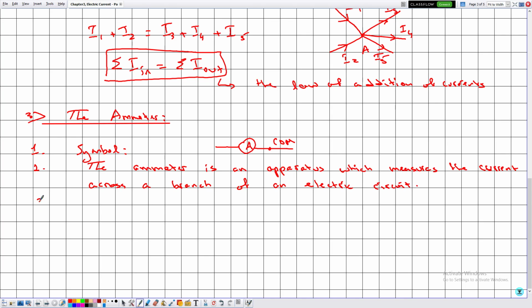Now idea number 3, the ammeter has two terminals.